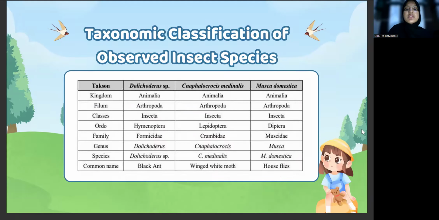Next, taxonomy classification of observed insect species. Dolichoderus sp.: kingdom Animalia, phylum Arthropoda, class Insecta, order Hymenoptera, family Formicidae, genus Dolichoderus, species Dolichoderus sp., and common name black ant.